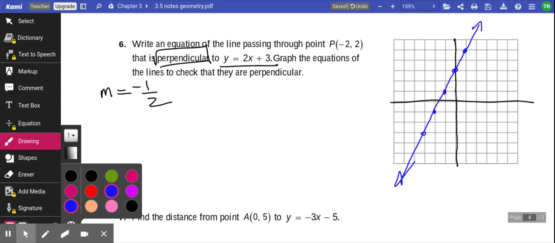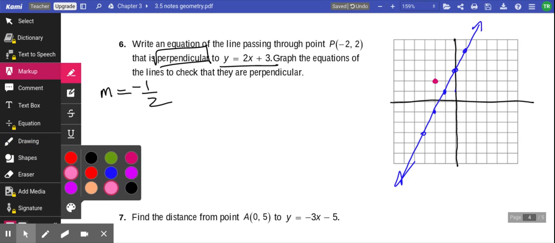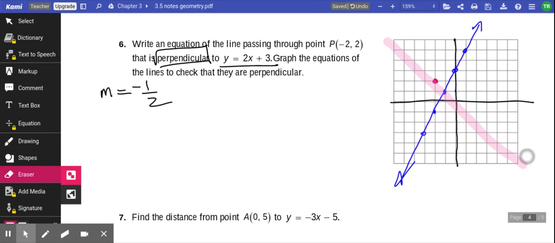And then we want it to go through this point, -2, 2. Okay, so can you kind of imagine what it might look like? I'm going to put a ghost line in. I'm thinking it looks something like this, right? Somewhere along those lines. And just so that we have an idea of what we're going to be shooting for.